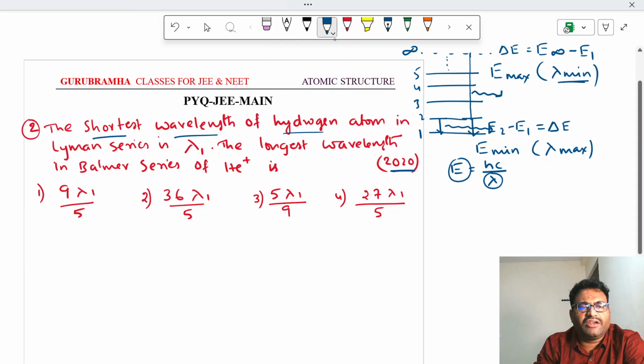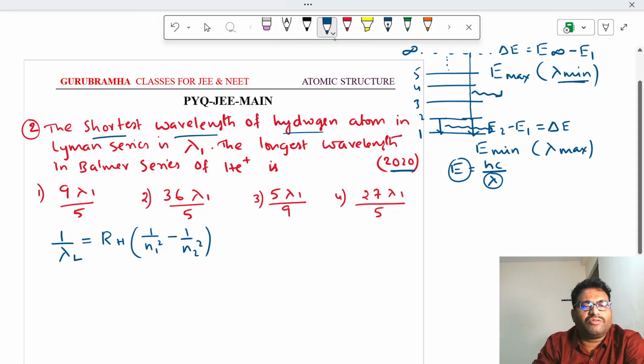So here we know from Rydberg formula, let us take Lyman series. 1 by lambda is equal to RH, as it is hydrogen atom, into 1 by N1 square minus 1 by N2 square.